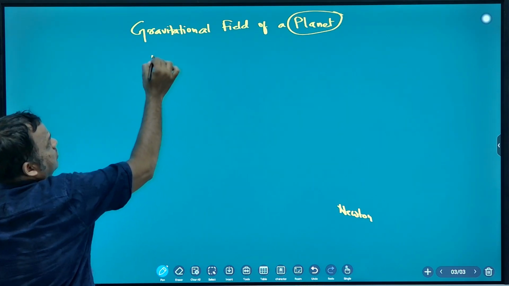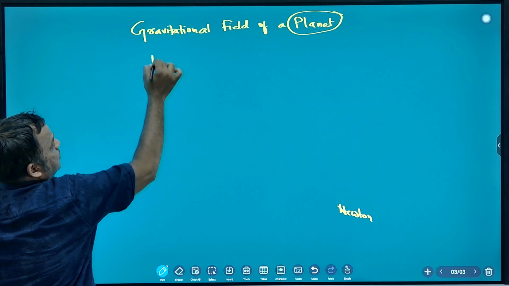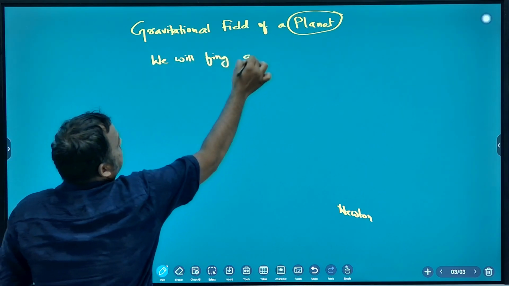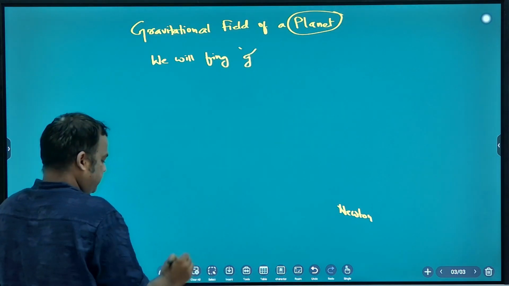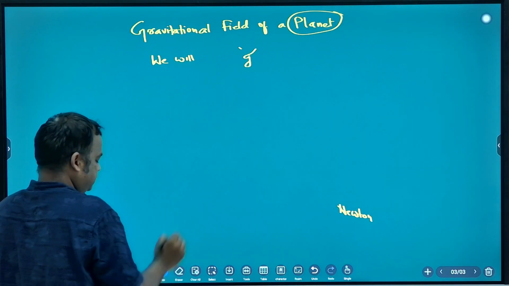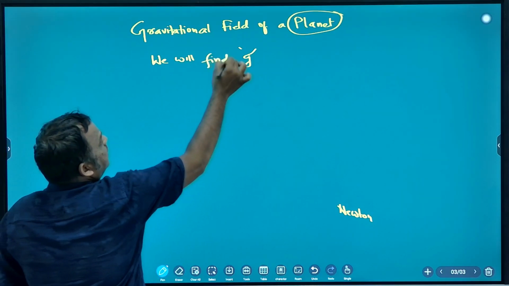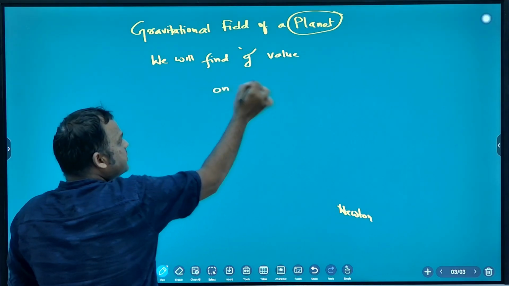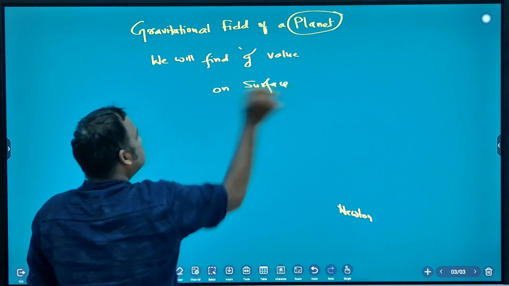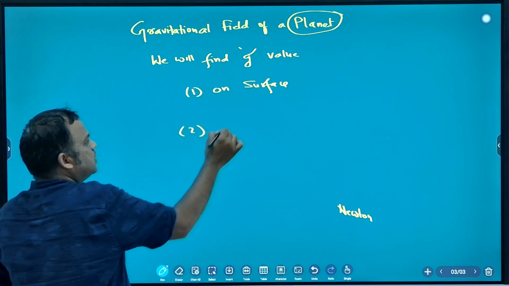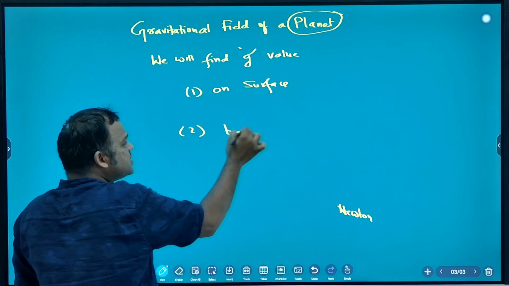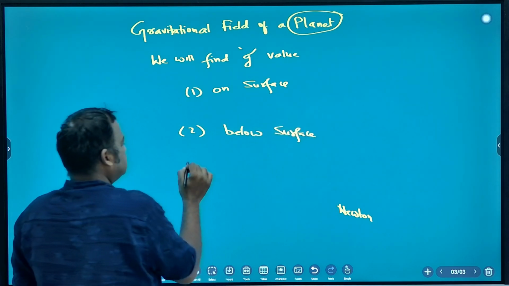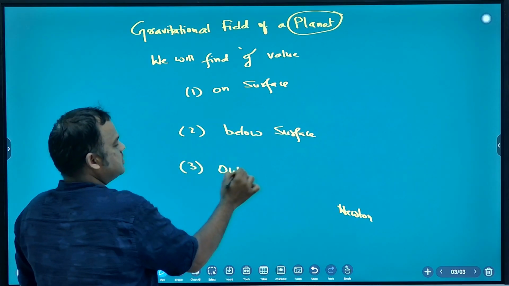So note down. We will find g value. We will find g value on surface, below surface, outside surface.